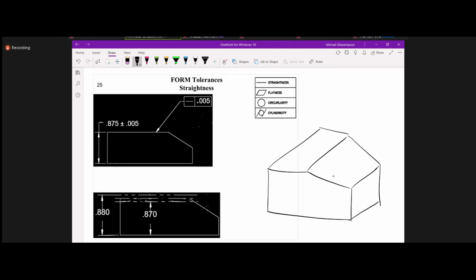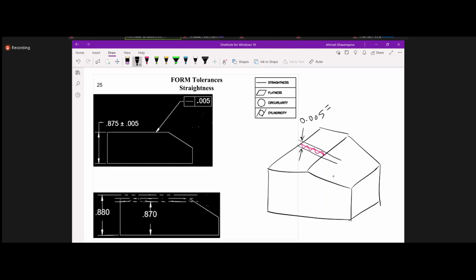We are talking about lines across, right? So let's say if I traverse a line on the surface, just one line, what the tolerance is telling me is that this line on the surface has to be bound within two lines which are not more than 0.005 inches apart.